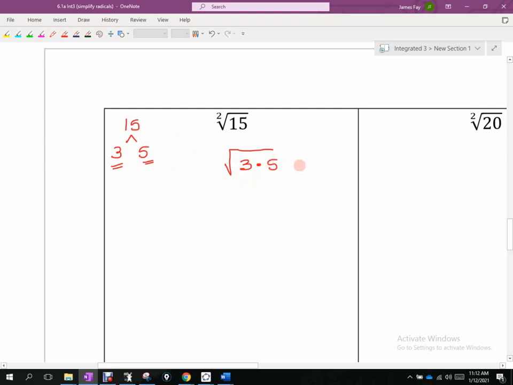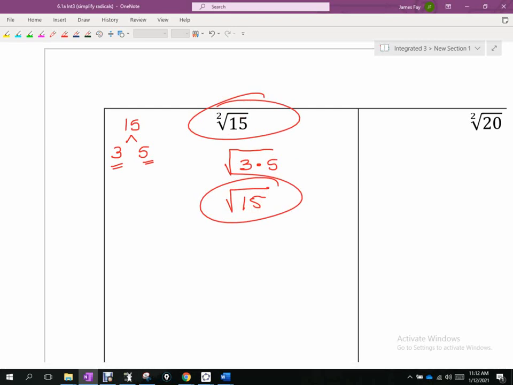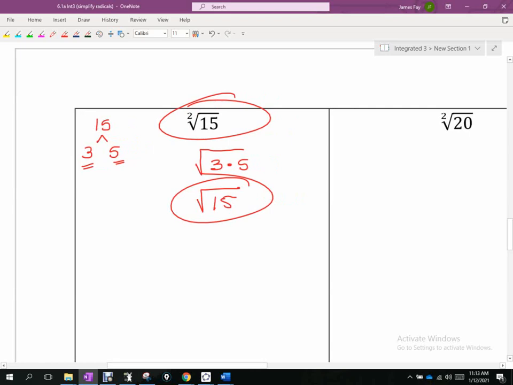So what's 3 times 5? 15. So radical 15, even though it wasn't prime, it is already simplified. Which means there is not a perfect square inside 15 as a factor that divides it.